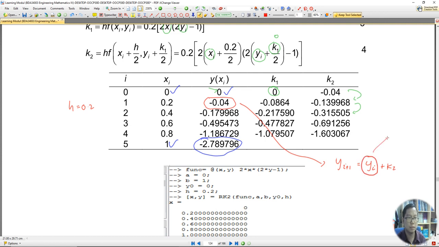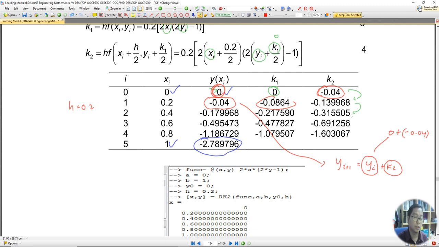So in this case yi is 0, and k2 is equal to minus 0.04, so 0 plus minus 0.04. We will get minus 0.04 for the next y value. And then this process is repeating, the same as the previous procedure.